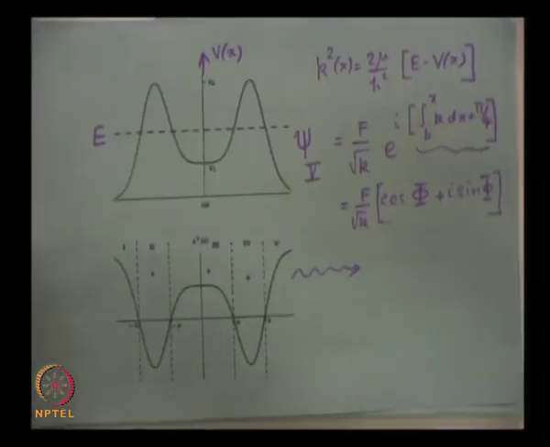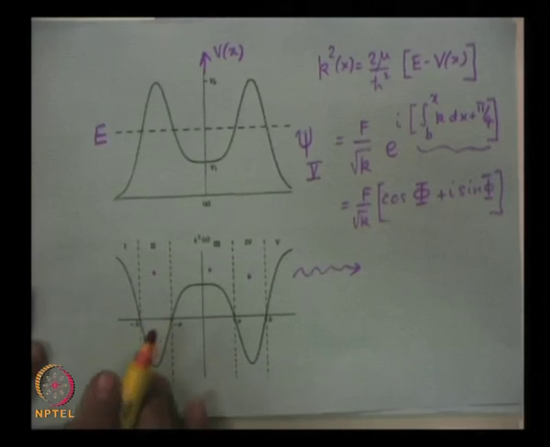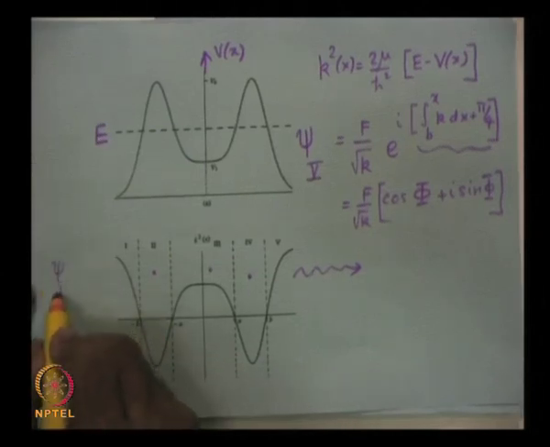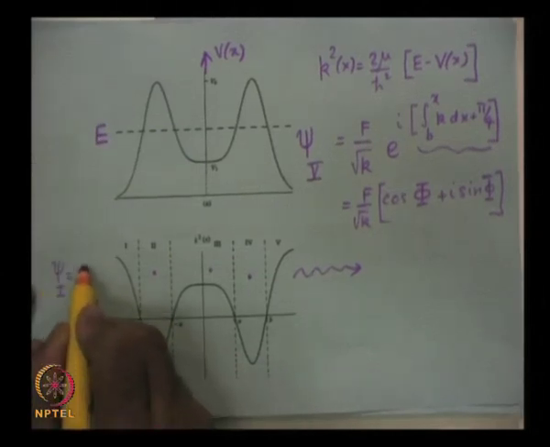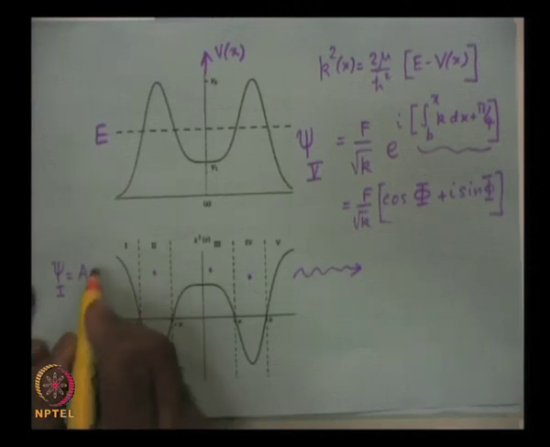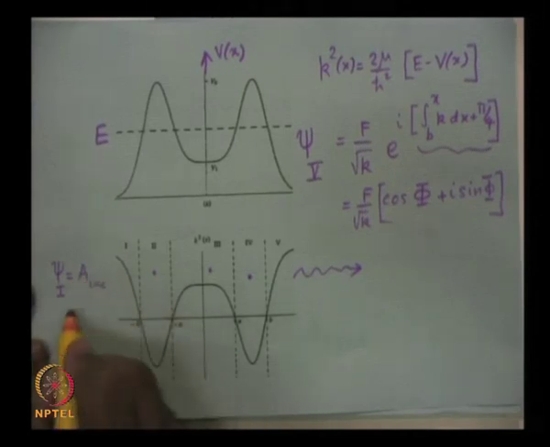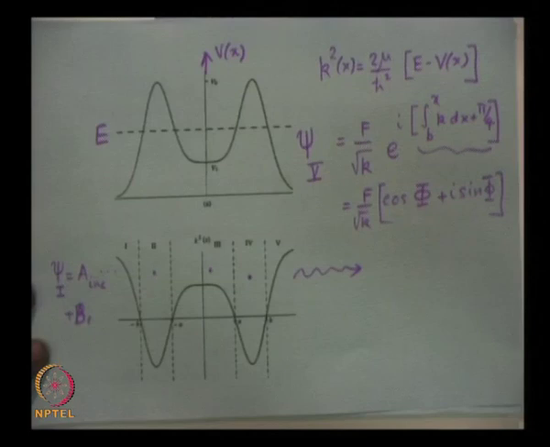It is very simple. You just have to get used to using these connection formulae. And finally, in region 1, you express the solution as A times the coefficient of the incident wave plus e to the, and then you have the B, which is the coefficient of the reflected wave.